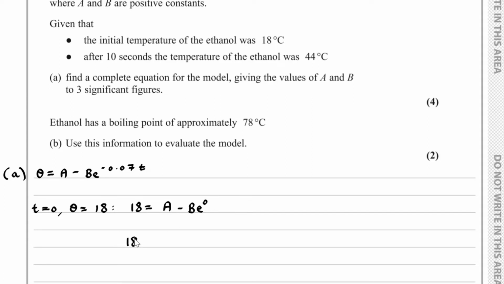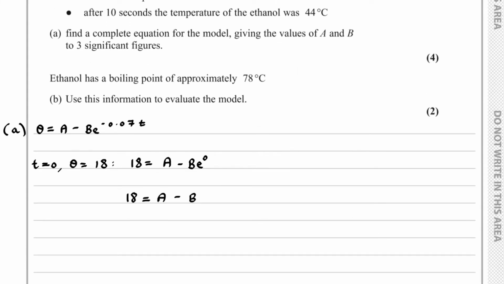So we have 18 equals A minus B. We also know that after 10 seconds the temperature of the ethanol was 44 degrees. So when t equals 10, theta is equal to 44 degrees. So we have 44 equals A minus B e to the power of 10 times by minus 0.07, which is minus 0.7.